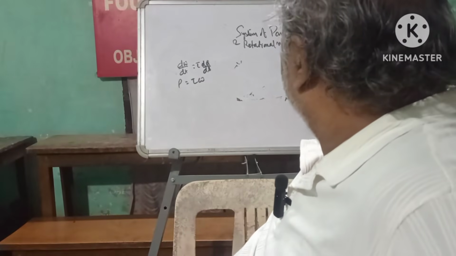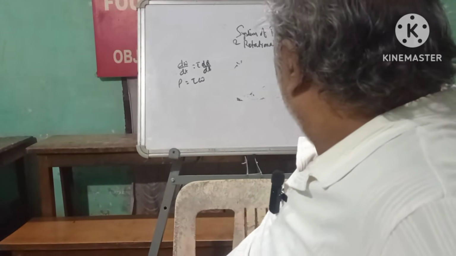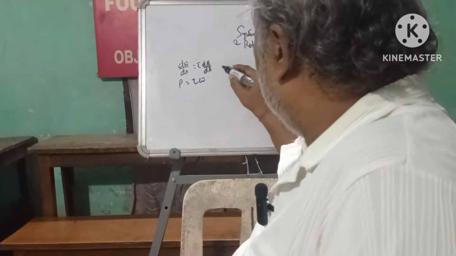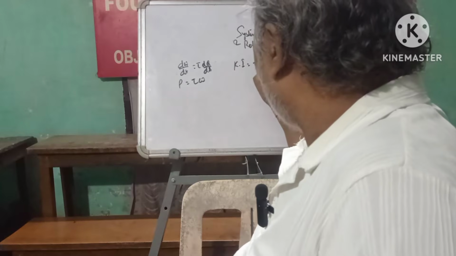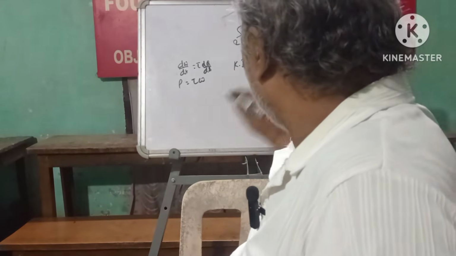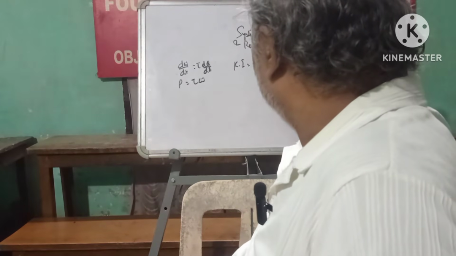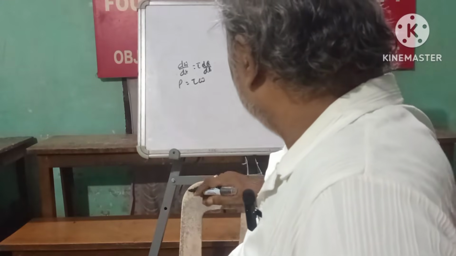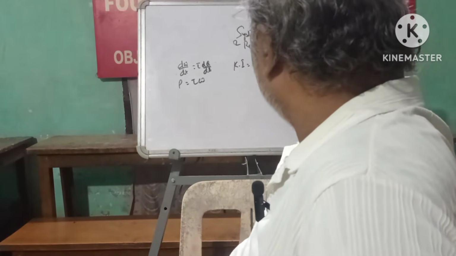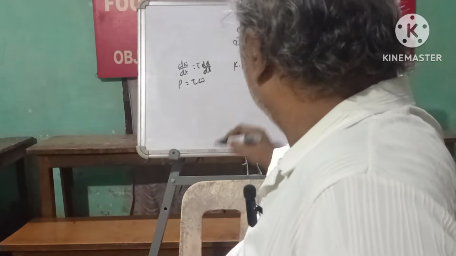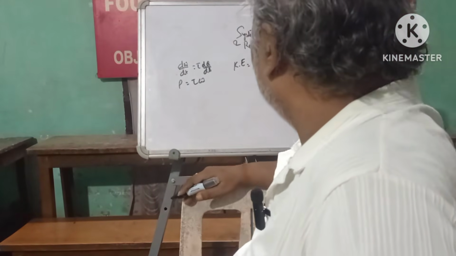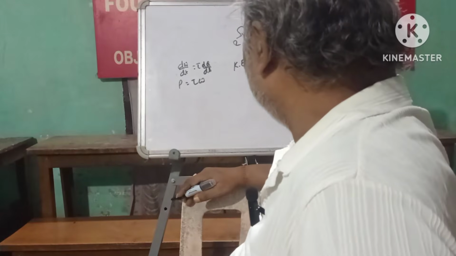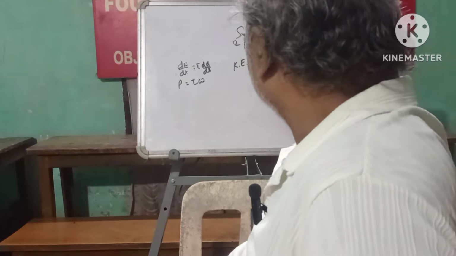You know that kinetic energy is equal to half I omega square, where I is the moment of inertia.